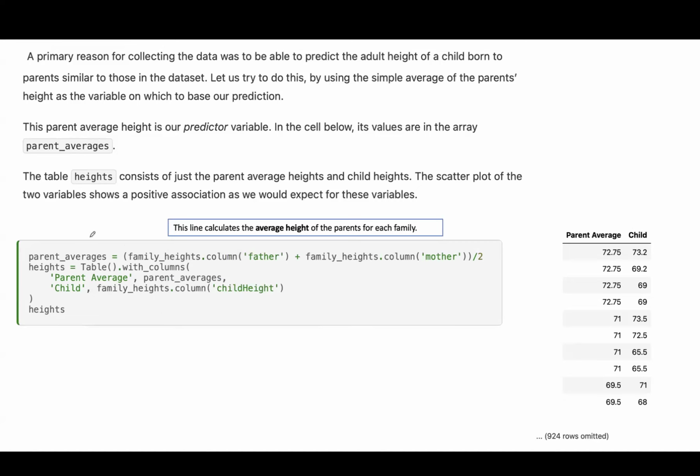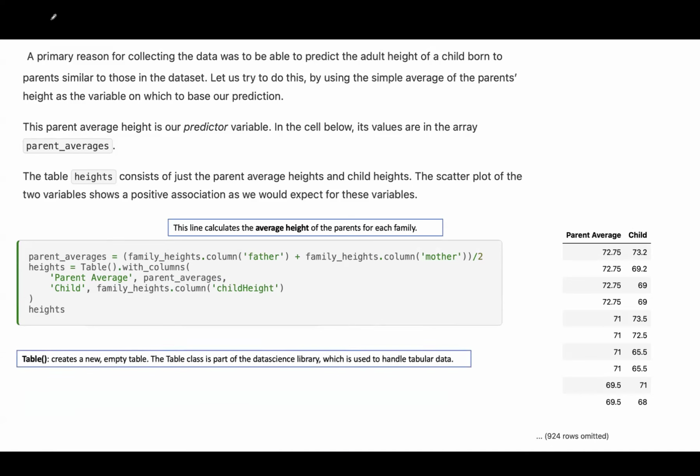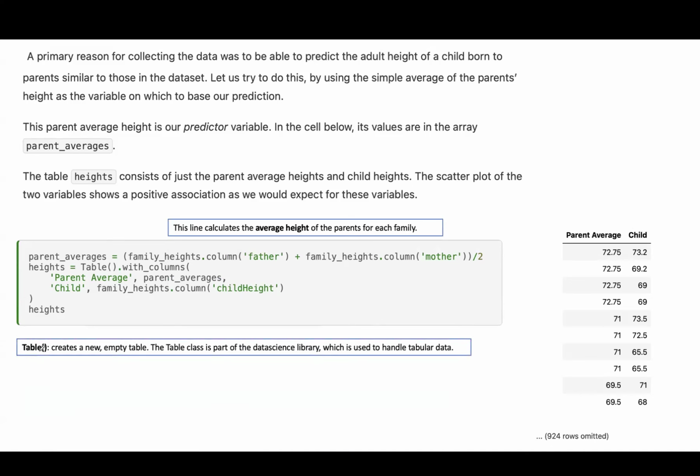The breakdown of the code is, for example, for this line, it calculates the average height of parents for each family. Then, as you remember, Table creates a new empty table for you, and this table is part of the data science library. For those of you who don't feel comfortable working with the data science library, absolutely fine. Feel free to use the regular Python libraries.